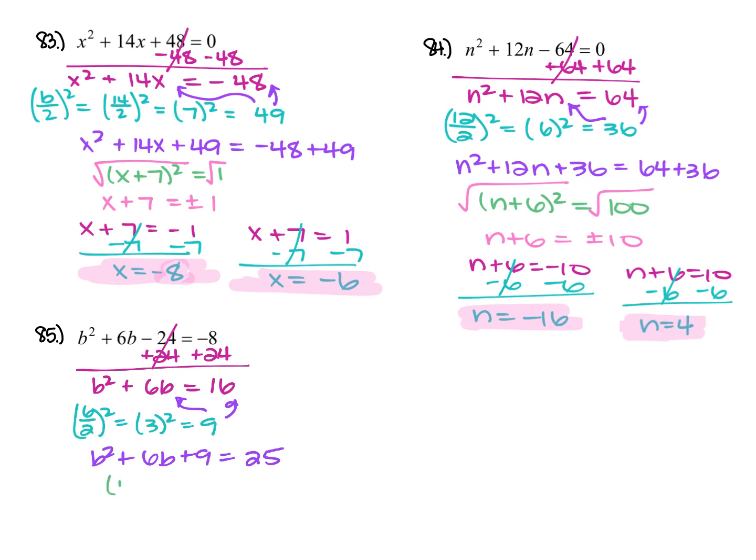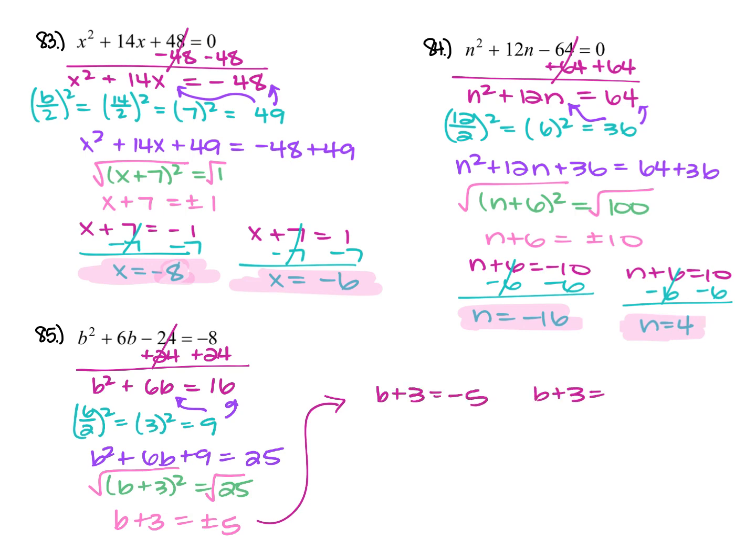This then simplifies to b plus 3 squared is equal to 25. If you take the square root of both sides, you have b plus 3 is equal to plus or minus 5. So separate this into two equations. You have b plus 3 is equal to negative 5, and b plus 3 is equal to positive 5. Move your 3 over. You get that b is negative 8, and b is 2.